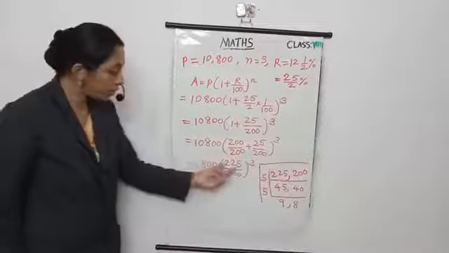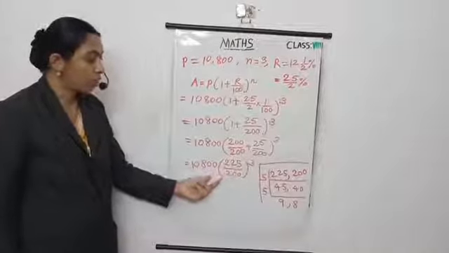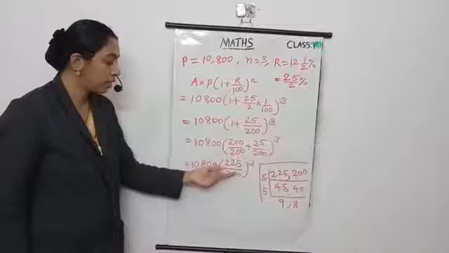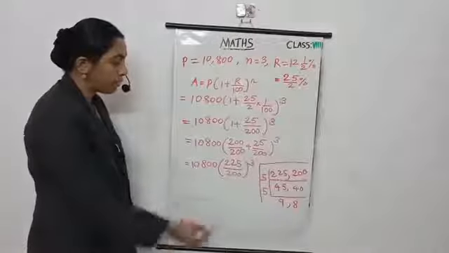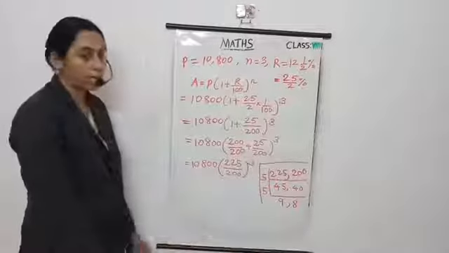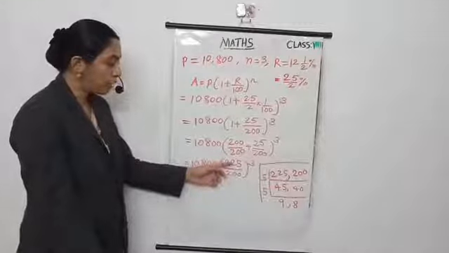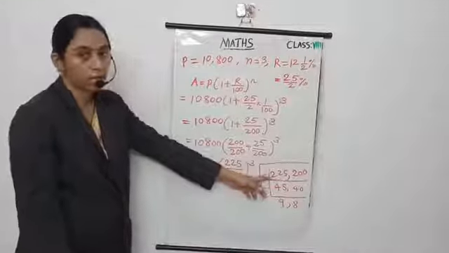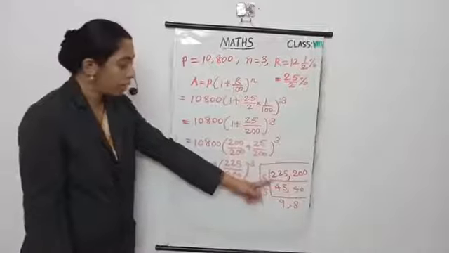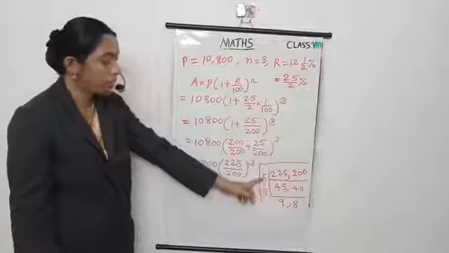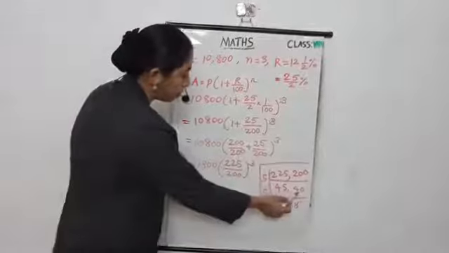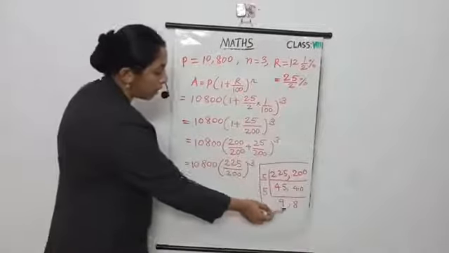So first simplify this fraction by finding the HCF. Otherwise you just simplify, both are cut by 5, then again cut using 5 like that. Simplify here or find the HCF. HCF, do you remember? Find the HCF of 225 and 200, divide by 5, here 45 and 40, again with the 5, 9 and 8.